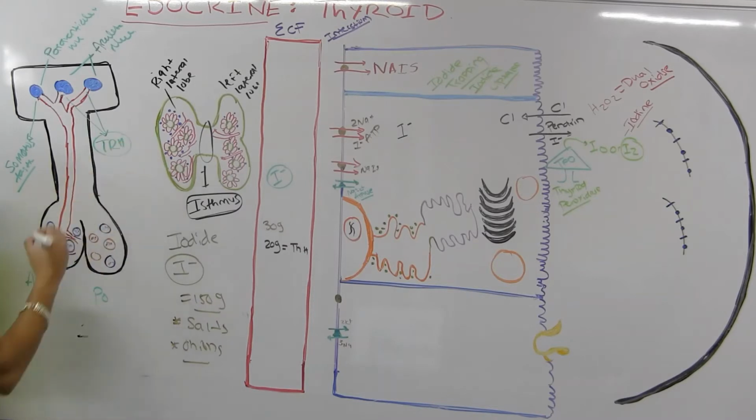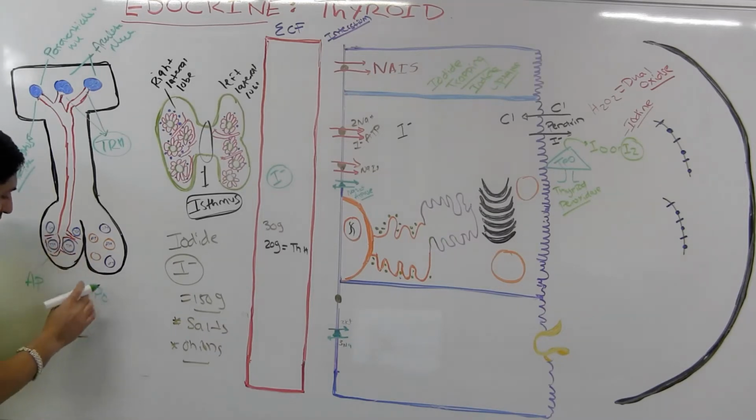Your thyrotropin-releasing hormone, coming from your hypothalamus, from the arcuate nucleus. It goes to your anterior pituitary, because the anterior pituitary has a lot of different cells. They have cells for growth hormone, they have cells for prolactin, but here I only drew one cell, and these cells are going to synthesize TSH.